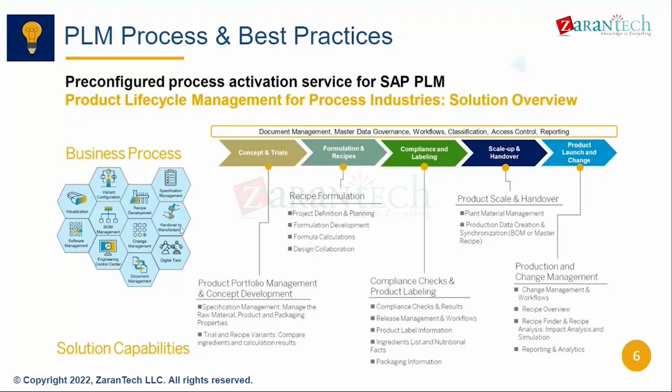The only thing from your side is to propose what business processes they are into and what they need to ask from SAP, and they will get them readily available in the SAP PLM pre-configured system. This is an important point, and you will definitely come across it in any RFPs, RFQs, and any sorts of estimation. So please consider this.